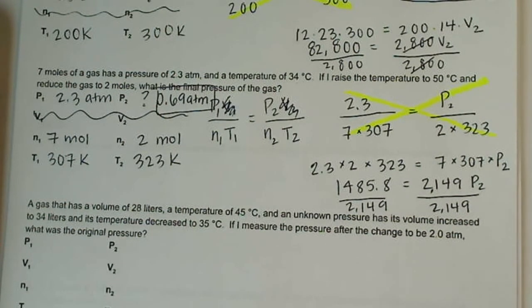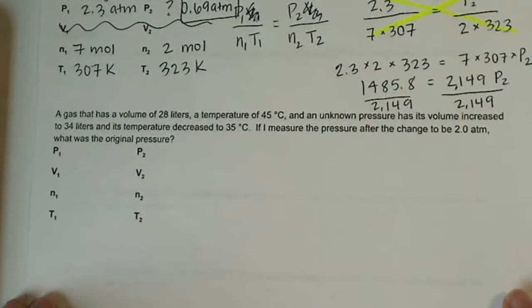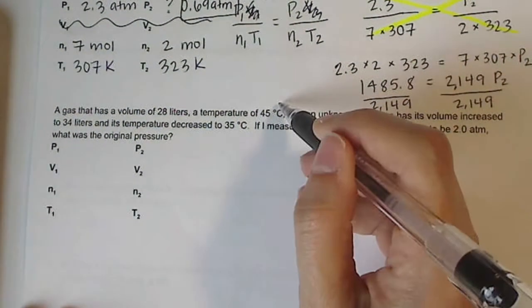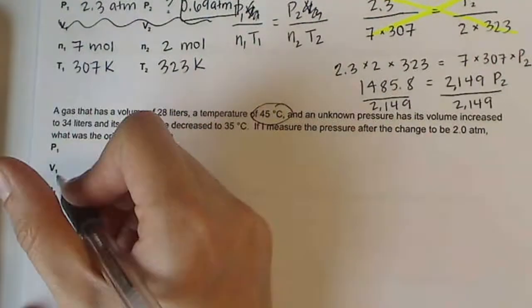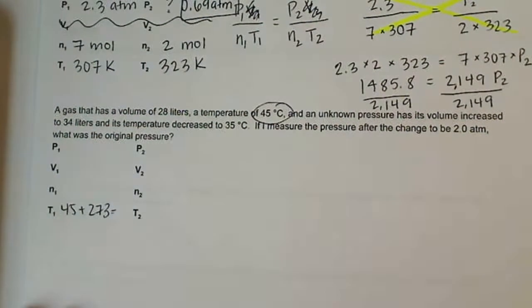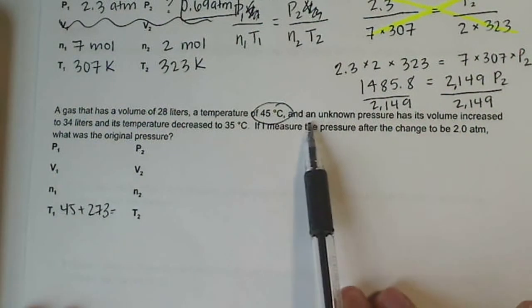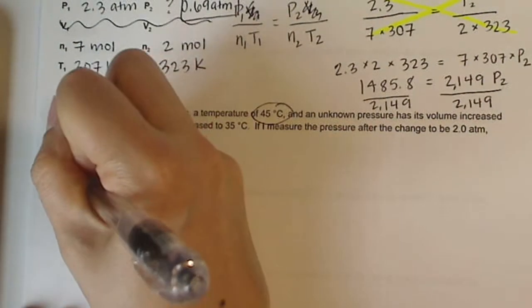Okay, so I'm going to have you guys do the last one. Remember, this guy is in Celsius. You have to convert from Celsius to Kelvin, so you're going to have to add 273 for that. The volume is at 28 liters.